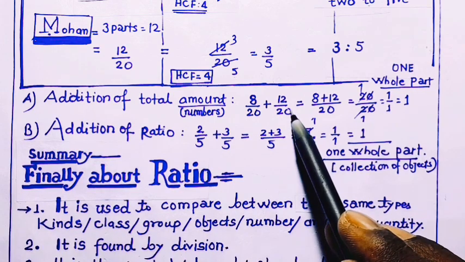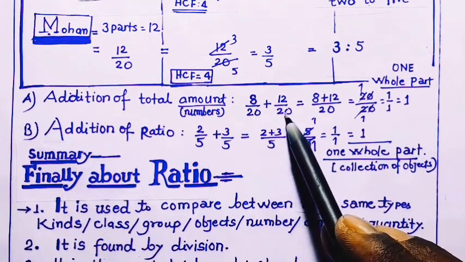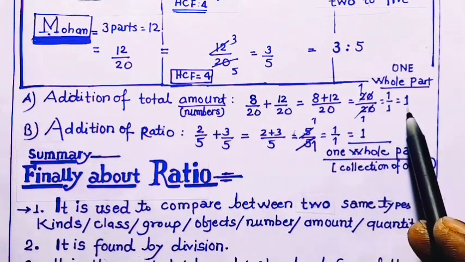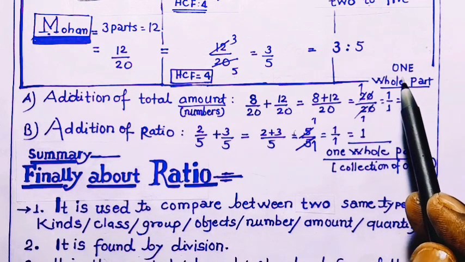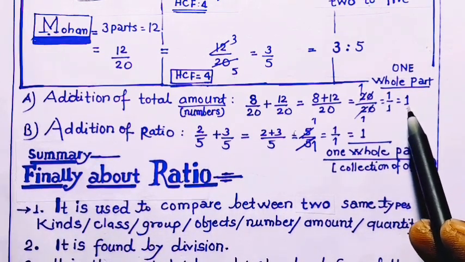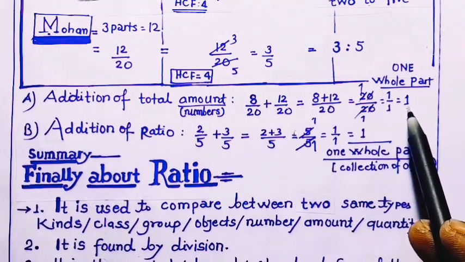The final result of the addition of these numbers will be 1, and so this one is the whole part of 20 mangoes.